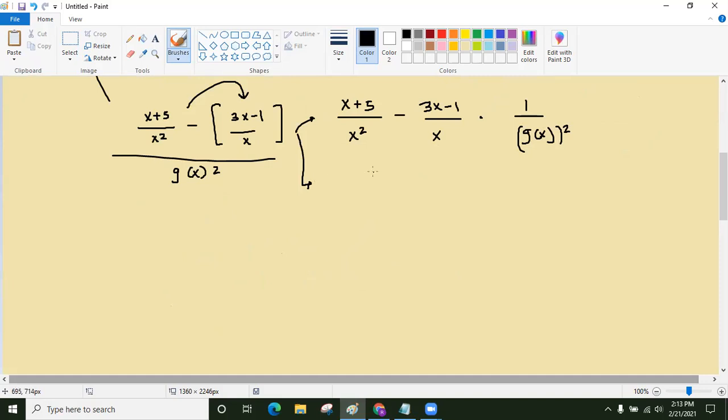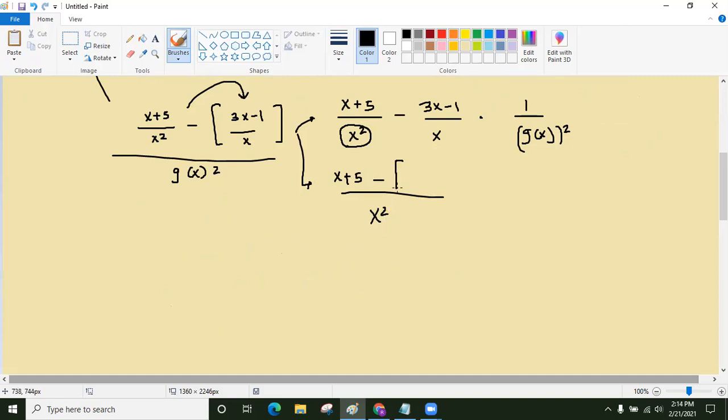So looking at this again, we'd want to take the common denominator here, which would be x squared, the highest degree, and we would have x plus 5 here because the denominator of x plus 5 is not missing anything from the LCD itself.